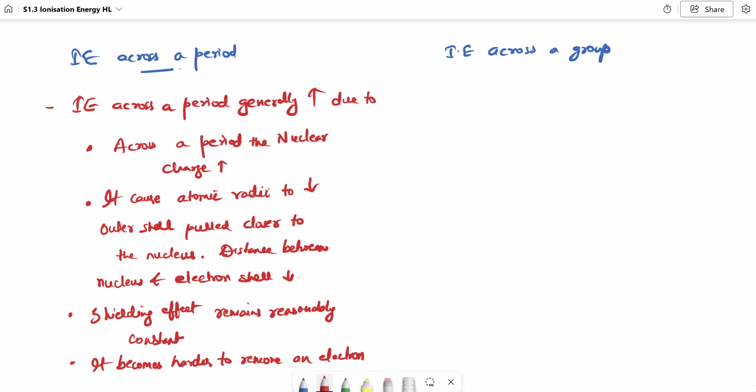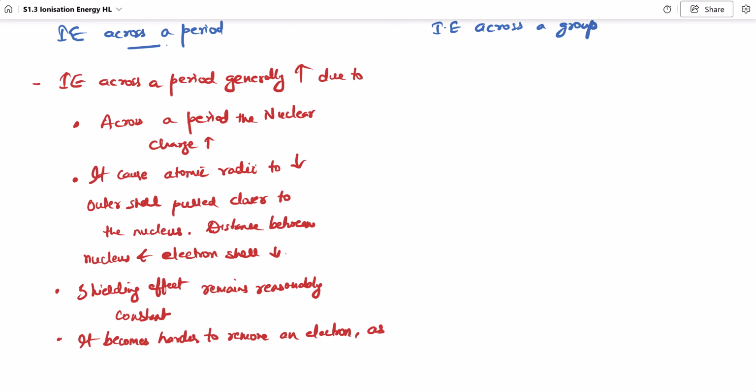So as you move across the period, more energy is needed, so ionization energy increases, right?